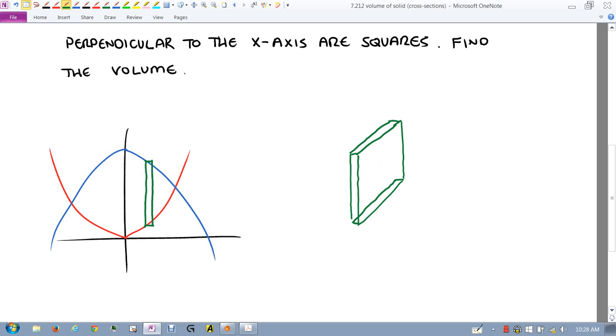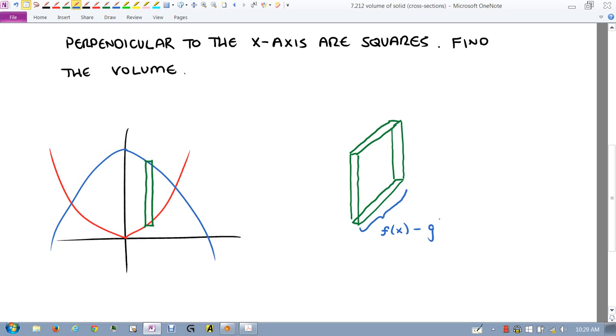Now it's not exactly a square because it has some width to it, right? This would actually be a box, a parallelepiped. So the volume of that little sliver, isn't it length times width times height? Yes? Just that one little sliver. So you need to know its length. You need to know distance from here to here. Do you know that length? What is it? f of x minus g of x.